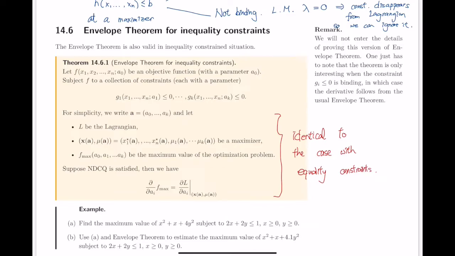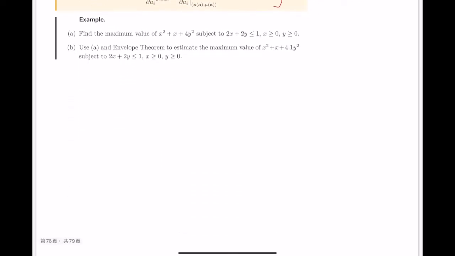So in other words, there is no new theorem at all, okay? So we still have differentiating the maximum value function with respect to a parameter equals the partial derivative of the Lagrangian with respect to the parameter, evaluated at your maximizer. Okay, let's do an example.